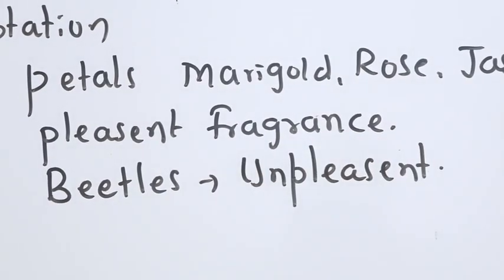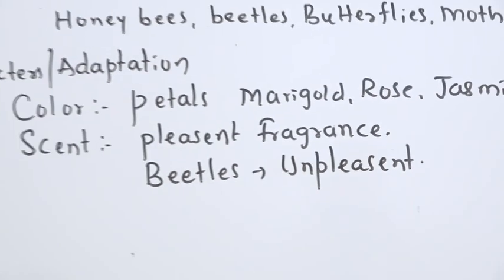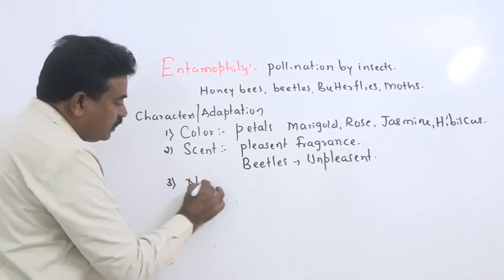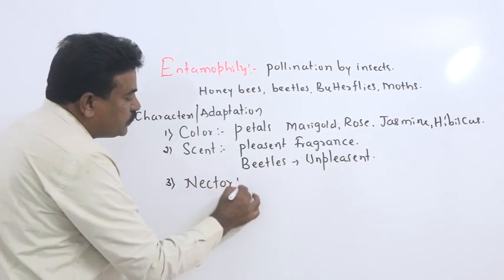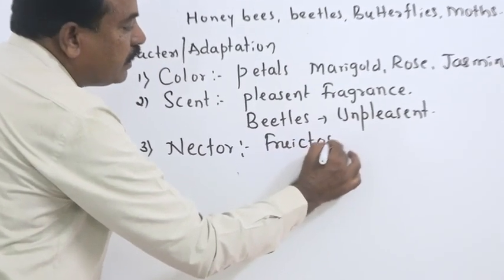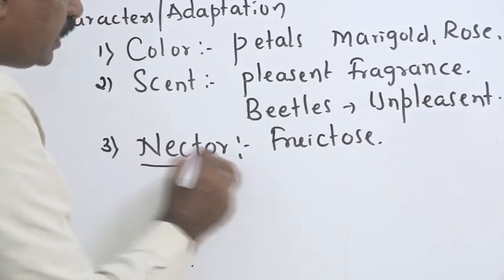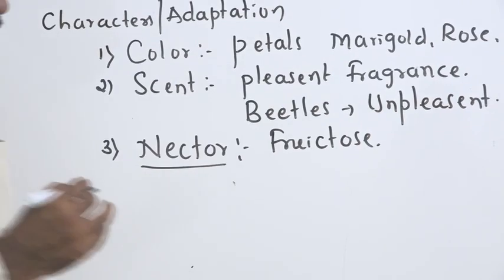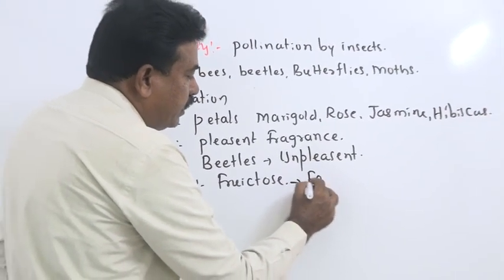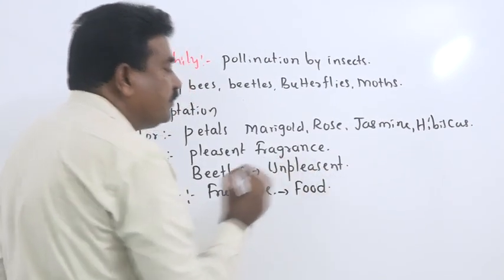It's a wonder of a pollinating insect. At the same time, there is a secretion of sweet sugary juice which is rich in fructose, that is called nectar. That nectar is used by insects as food.